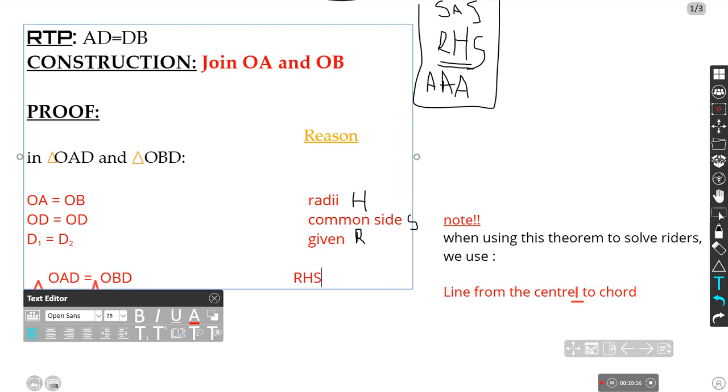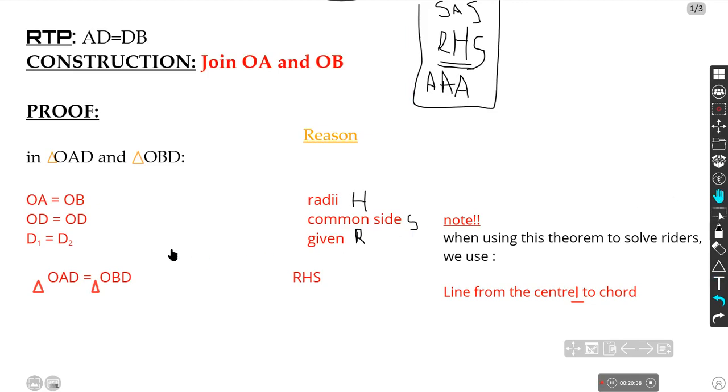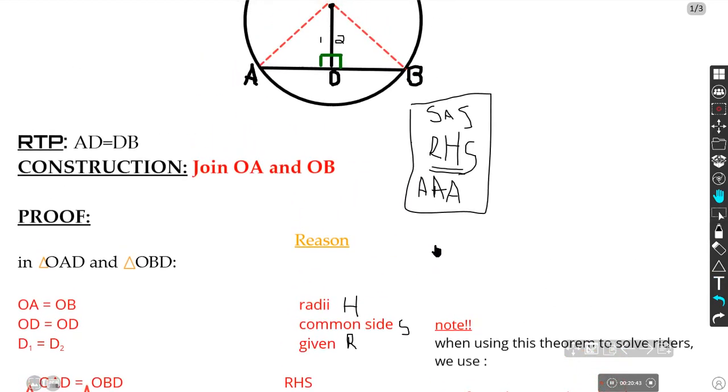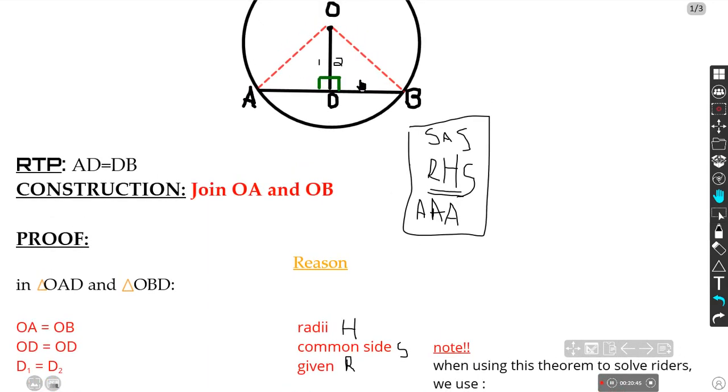And if triangle OAD is equal to triangle OBD, if this triangle is equal to that triangle, surely this side will be equal to that side, right? Because OA is equal to OB, OD is equal to OD, there's a common side, the angles are the same, and so AD is equal to DB.